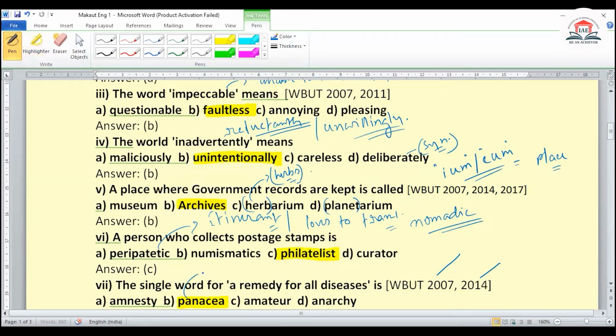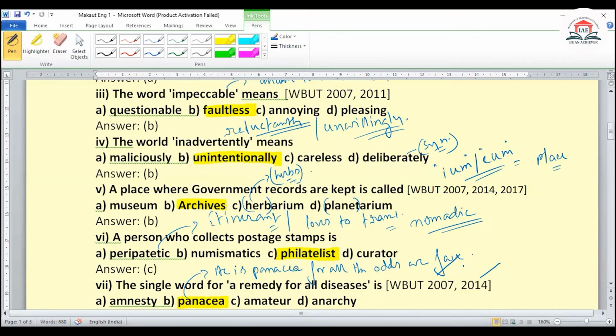Panacea, like, see, if I tell you, he is panacea for all the odds we face. So he is panacea for all the odds we face.